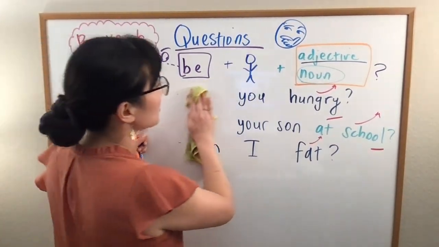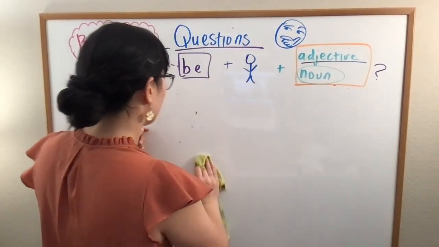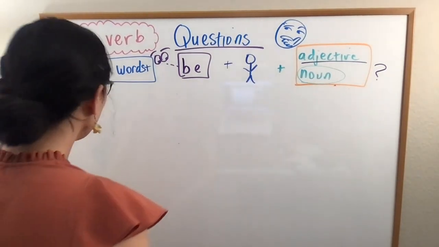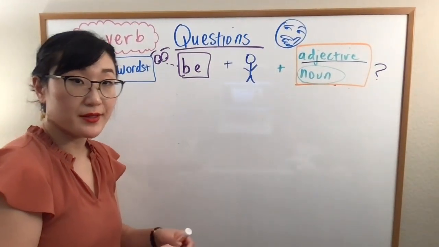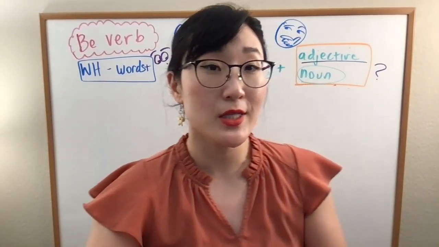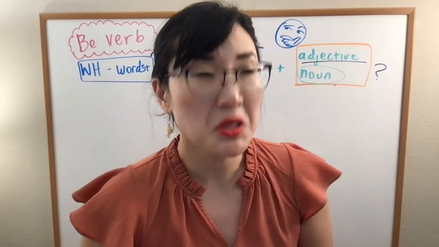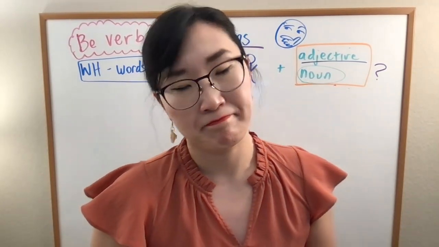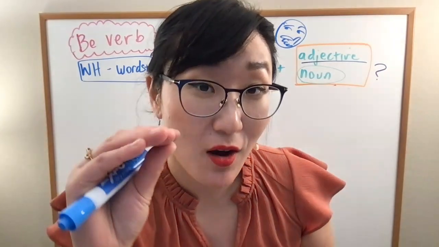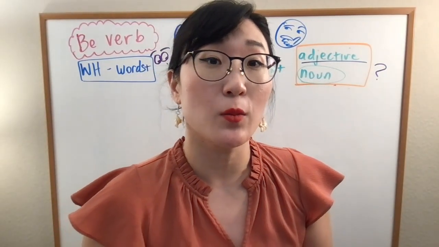WH questions, more information questions. What are WH words? WH words are used in questions to get more information. It is not a simple yes or no. You need to talk more. You need to explain your answer more.